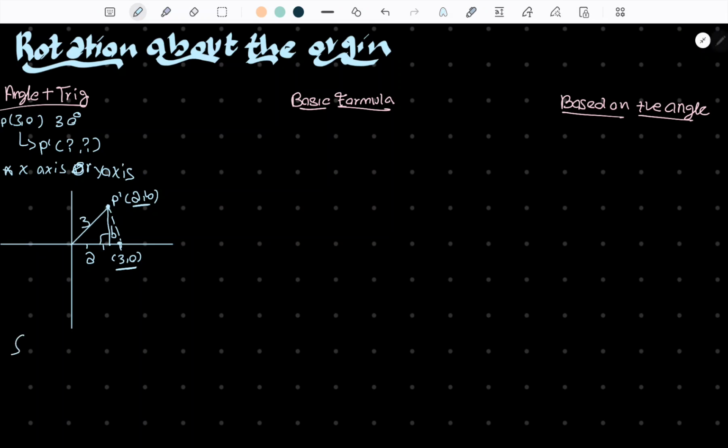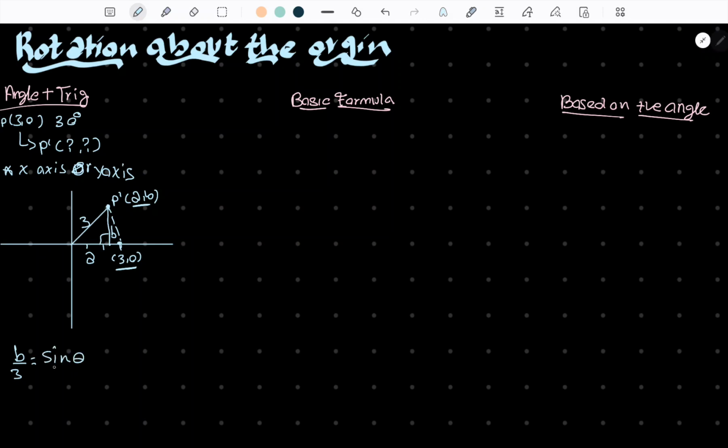Okay, so the next thing we're going to do is remember the trigonometry values. In this case we just need sine and cosine. So first let's do the value of B. B is obviously vertical, so in the vertical axis we use sine, right? So B over 3 will be sine theta.